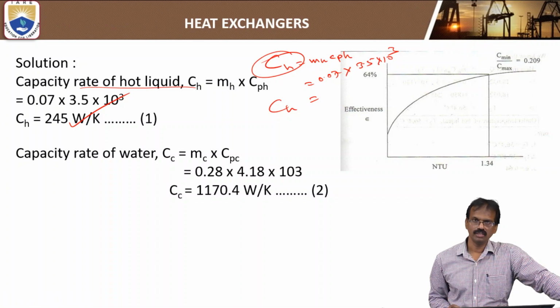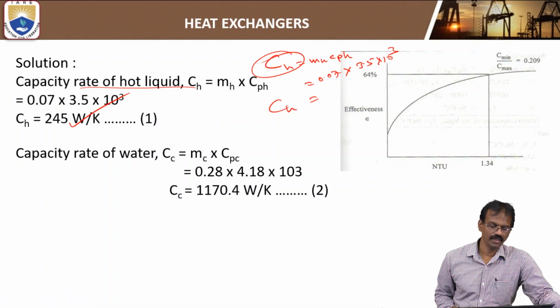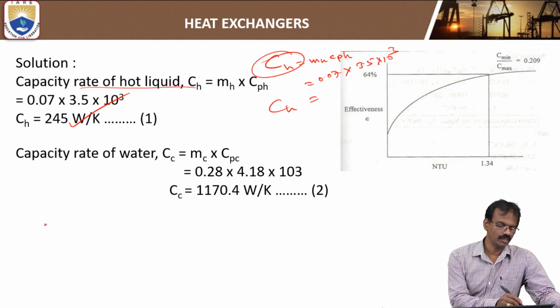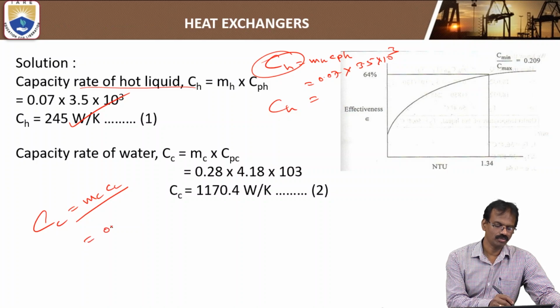Now we will find the capital CC, the capacity rate of the cold fluid, MC and CC. You know that MC is equal to 0.28, into CC specific heat 4180. Then this value is equal to 1170.4 watt per Kelvin.